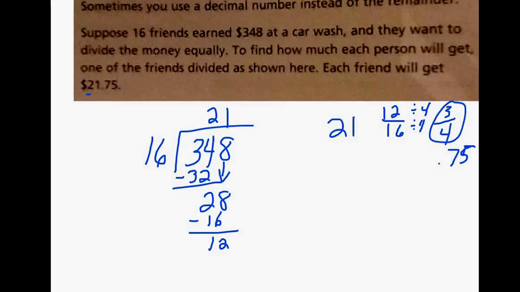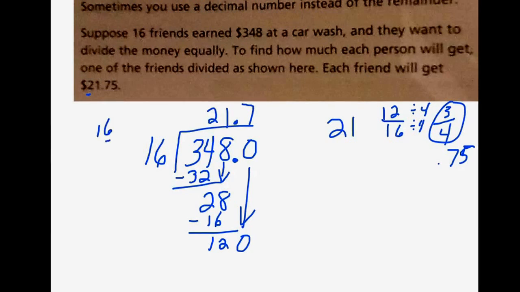Or, remember, we can put a decimal in our answer, add a 0, and keep dividing. So 16 goes into 127 times. 7 times 16 is 112.